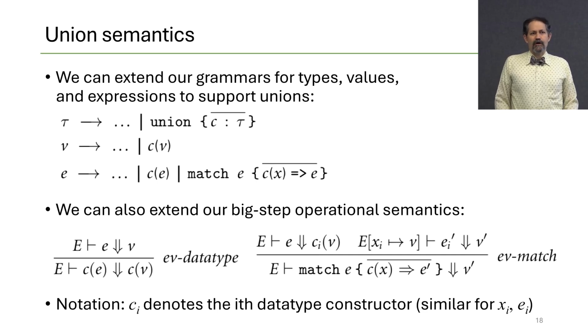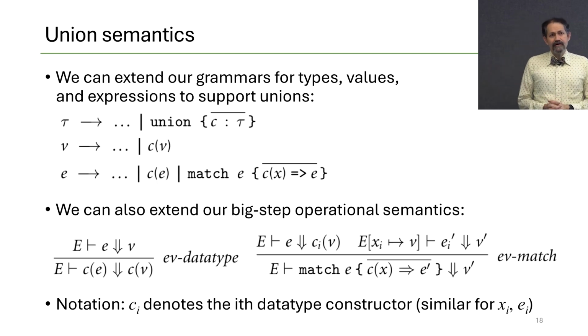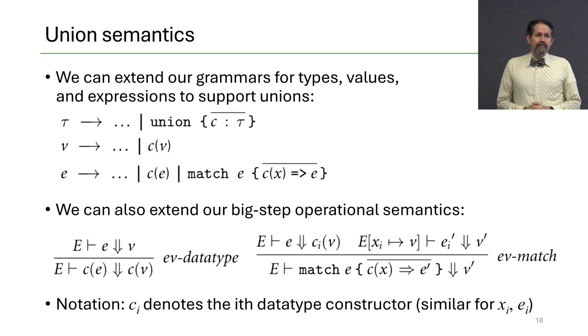We can also extend our big step operational semantics. So creating a data type or a union just involves evaluating the expression that's inside the constructor, and then we get a value, which is the constructor with the value for its data inside. And when we do match, then we're going to evaluate the E, which is called the scrutinee, and it'll evaluate to some constructor, which has a value inside of it.